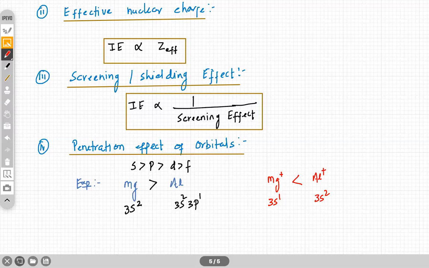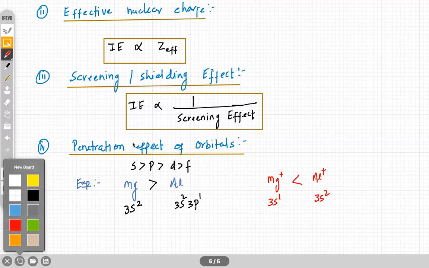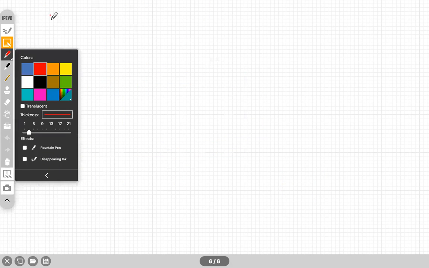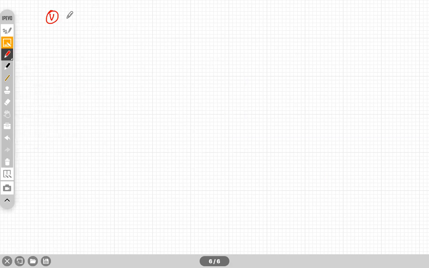Next one you write down, the last factor here, the fifth one: stability of half filled and fully filled configuration.